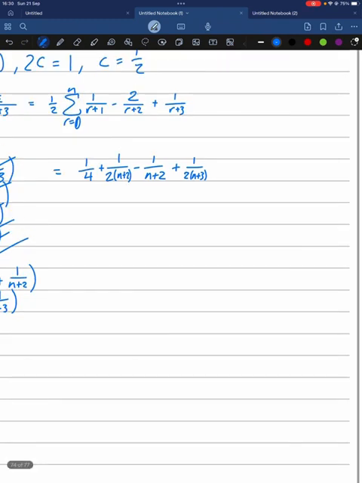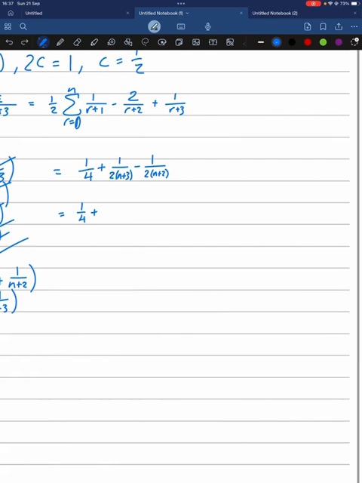Okay. Right, now at this stage we just have to combine the fractions. If you see here, this is n plus 2 and that's n plus 2. So if we double this one, we'll get a common denominator. So if we double it, we'll get 2 lots of n plus 2 and then 2 over that. So that just makes 1 minus 2, which is minus 1. So what we're getting is minus 1 over 2 lots of n plus 2 added to this. So now, if we swap this around, we'll get a quarter plus this minus this.